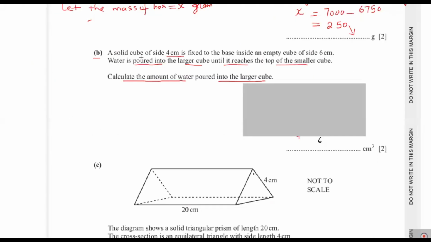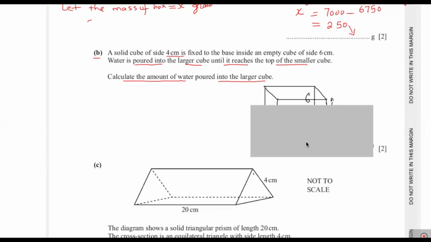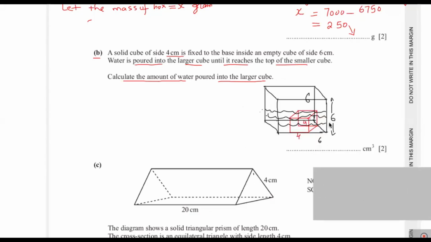Question 4, part B, a solid cube of side 4 centimeter is fixed to the base inside an empty cube of side 6 centimeter. Water is poured into the large cube until it reaches the top of the smaller cube. Calculate the amount of water poured into the large cube. Look here, this is the large cube having 6 centimeter length, and this is the smaller cube which is placed inside the large cube, and water is poured into the large cube until the water level reaches the top of the smaller cube.